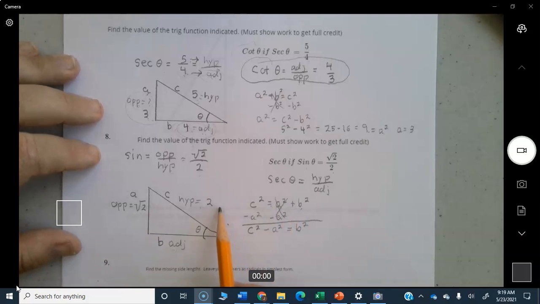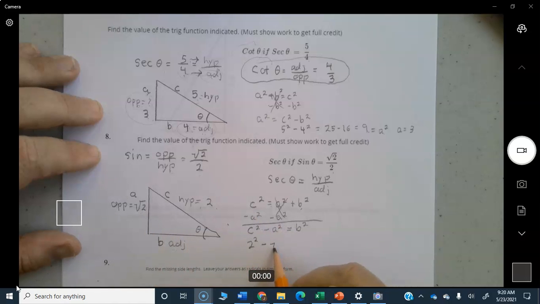Okay, so now let's plug in our numbers. C is 2, so 2 squared minus a is the square root of 2, so that's going to be the square root of 2 squared equals b squared. Okay, 2 squared is 4 minus the square root of 2 squared. Remember, that's an inverse. They inverse each other.